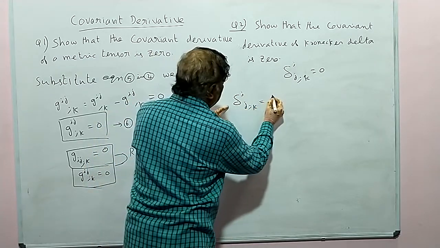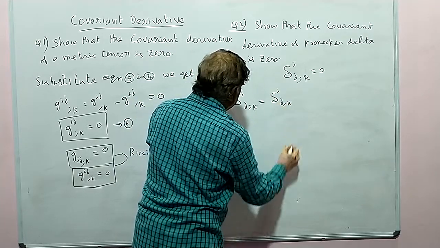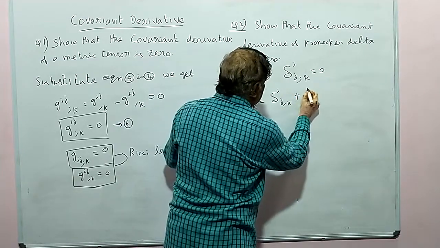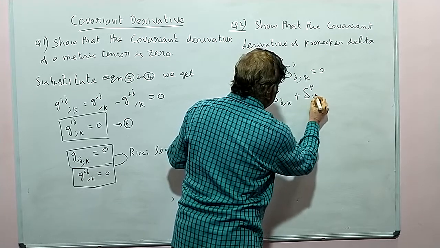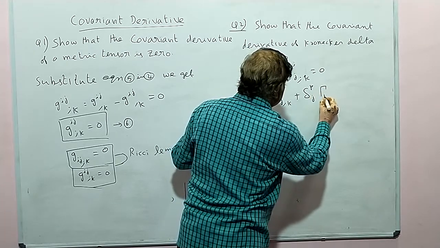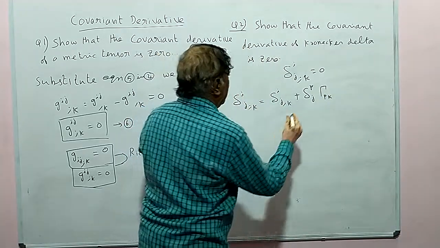first term will be normal derivative delta ij comma k. The second term is, if you replace this index by a dummy index p, and this is j, and this is gamma, and this must be p, k here, and i must be here.